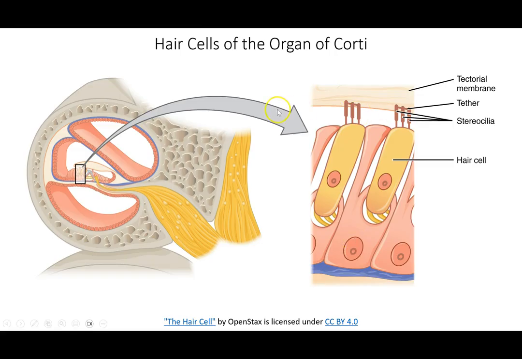So here's a zoomed in view on those hair cells in the organ of Corti. So here's those hair cells right there. And then we've got those stereocilia sticking up, tethered to that tectorial membrane.